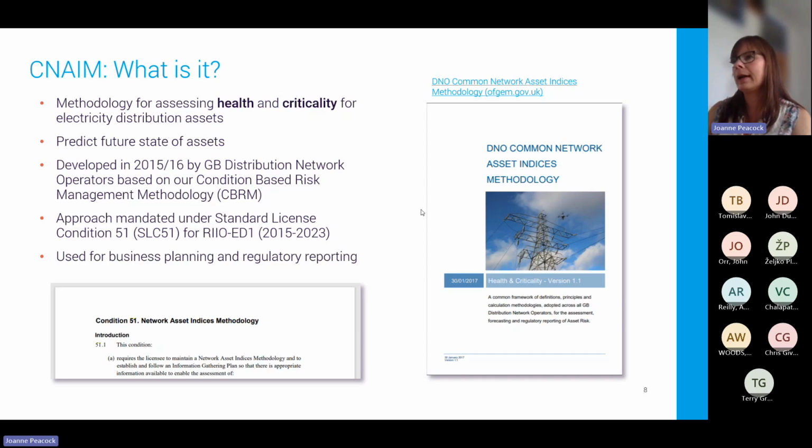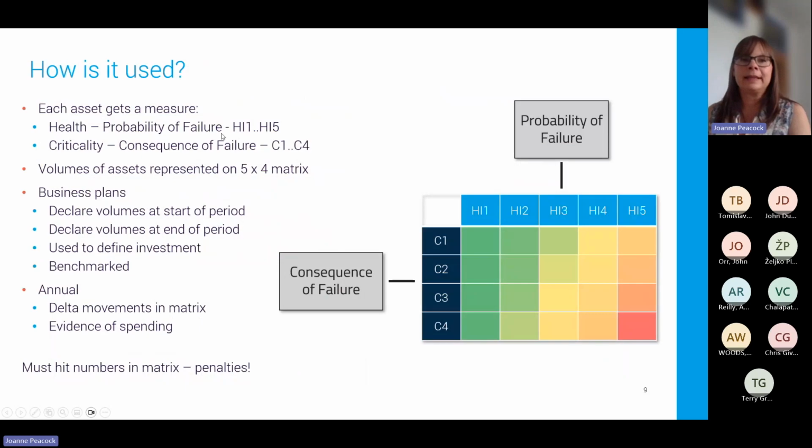And so I think probably the rest of that slide I've gone through one way or another, so we'll move on. So how is it used? This is a really broad brush of how it is used. Every asset has data associated with it, and then we put that data through a series of calculations, and each asset will come up with a probability of failure and a consequence of failure.